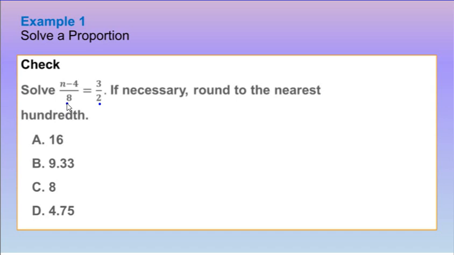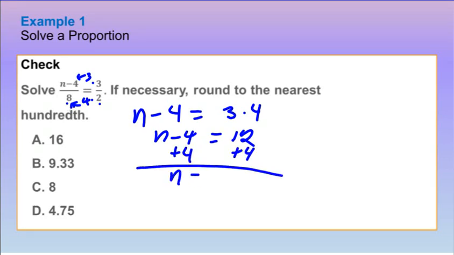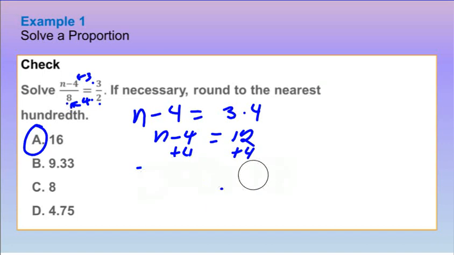I know right now that 2 times 4 is going to give me 8. And if 2 times 4 gives me 8, that means 3 times 4 has to give me n minus 4. So I'm going to do n minus 4 equals 3 times 4. And 3 times 4 is 12. So now I have n minus 4 equaling 12. To get n by itself, I just add 4 to both sides, and I'm left with n equals 16, which is choice A. That is one method.